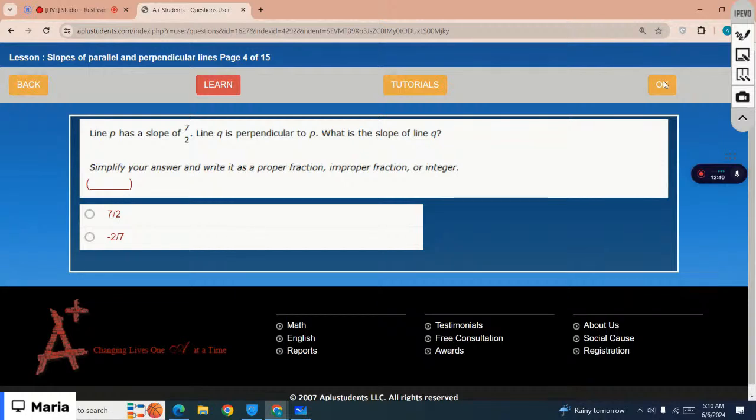They are perpendicular, so the slope would be the negative reciprocal. So negative 2 over 7 is the correct option.